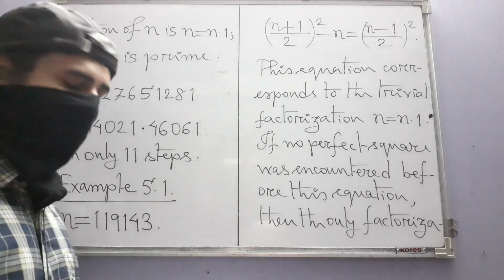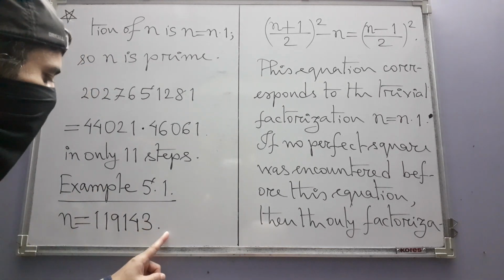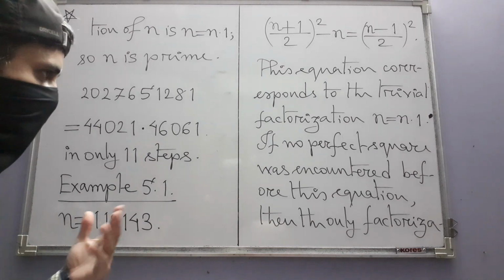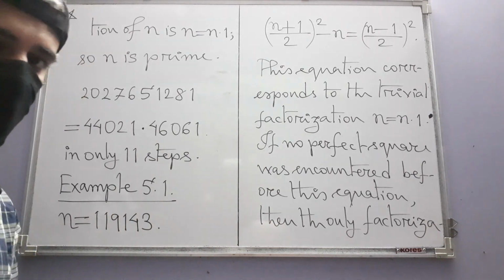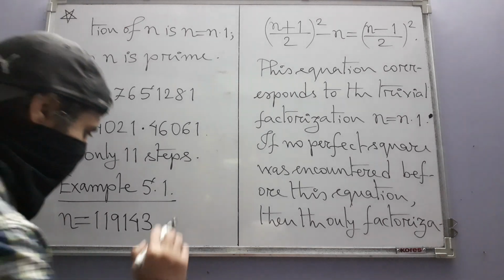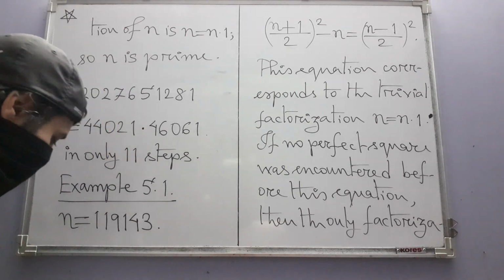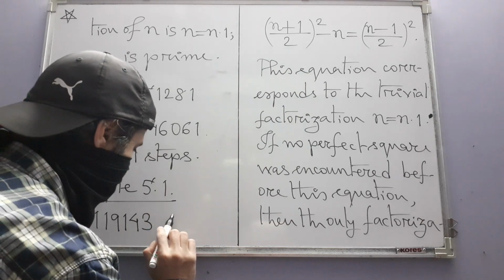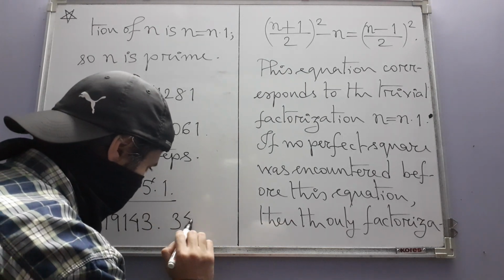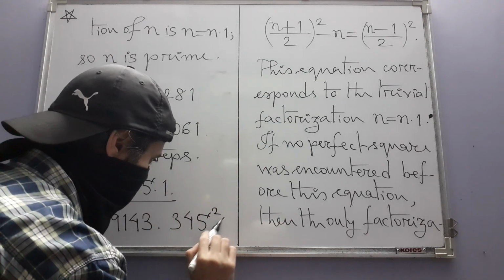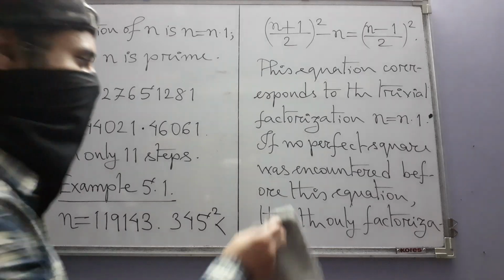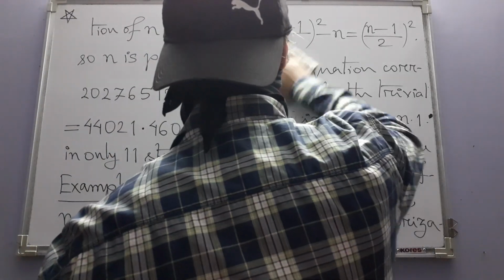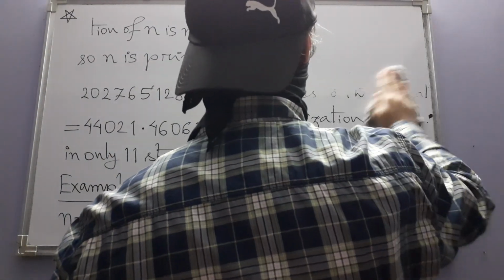So in order to apply Fermat's method, first of all you have to find the least number whose square is greater than or equal to n. And this is what is given in the text. You can verify that the square of 345 is less than the given number, but the square of 346 exceeds the given number.